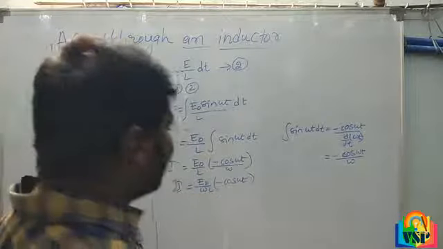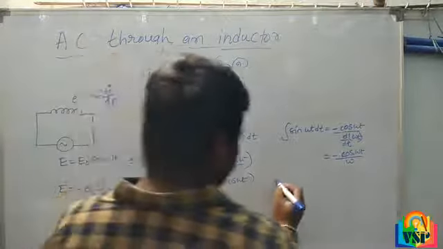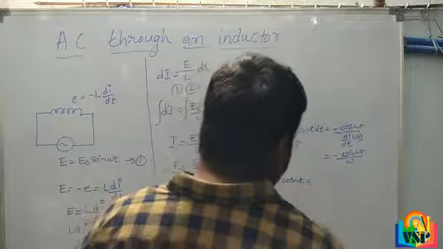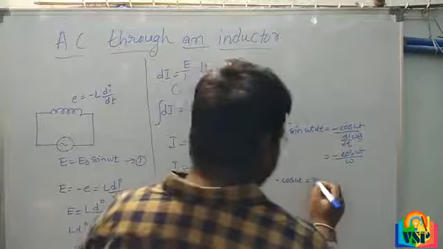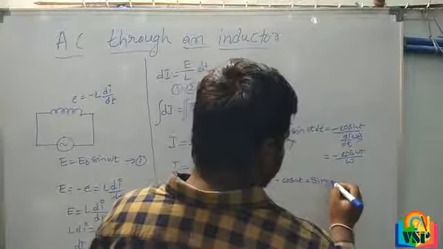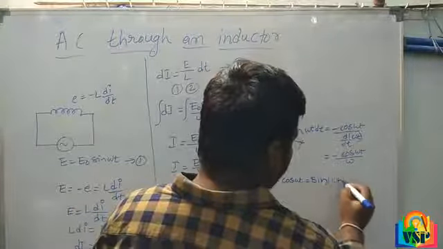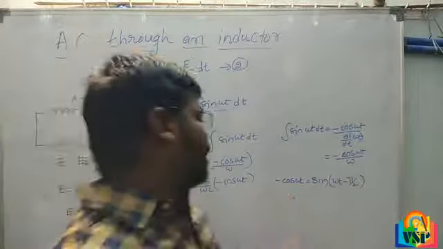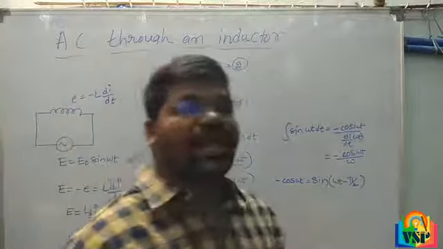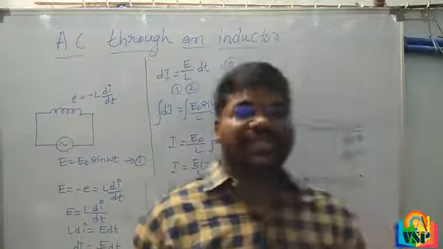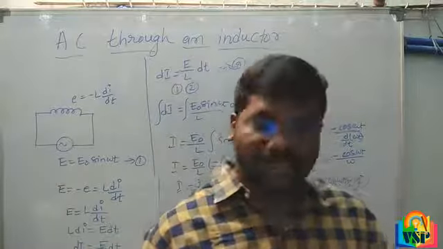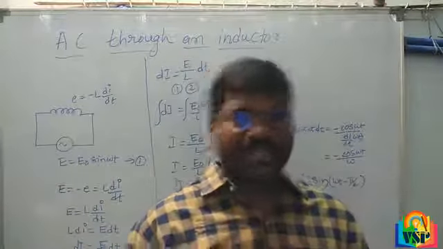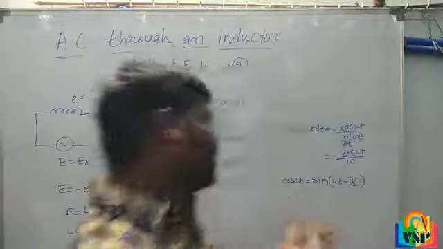Minus cos omega t we can write as sin omega t minus pi by 2, or 90 degrees.